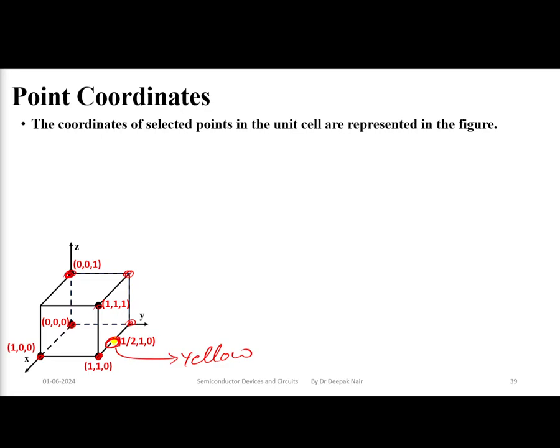Now, this point is 1 0 0. So in the x-axis it is touching the x-axis only, and it is not touching the y-axis or z-axis, therefore it is 0 0. Similarly, this point here at the top is touching all the axes.